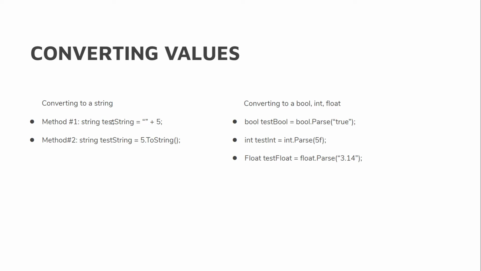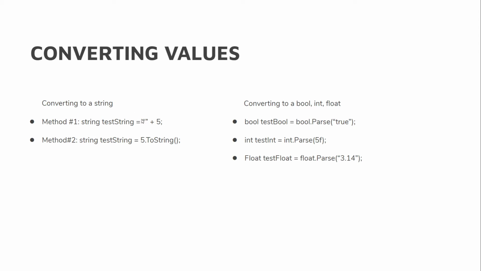One way, if you want to convert a number to a string, which I demonstrated before with the hit points, the number of lives, is to concatenate it with another string, and that converts it automatically. Or I could explicitly convert an integer to a string by just saying dot ToString.